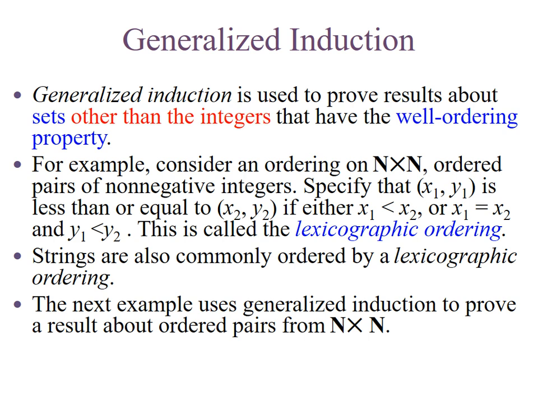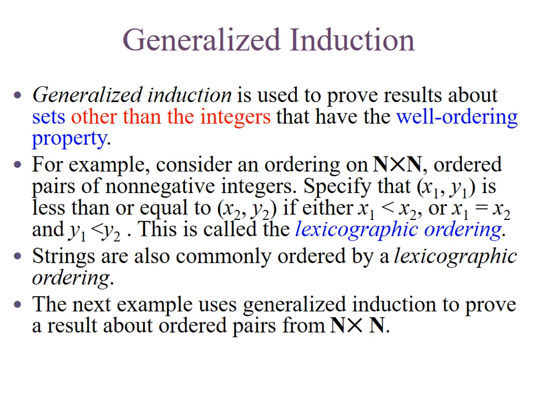If x1 is greater than x2, then x1, y1 is greater than x2, y2. We only compare the first element. If the first element of one pair is larger than the other's, then that pair is greater. Okay, we have the second condition.